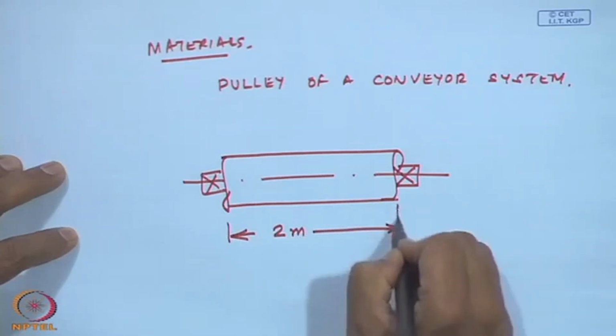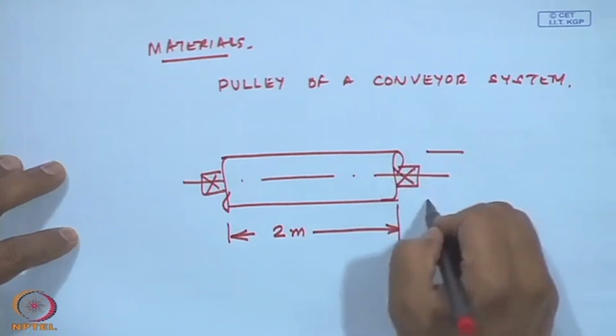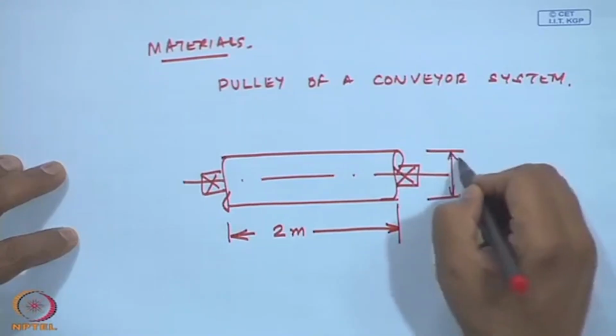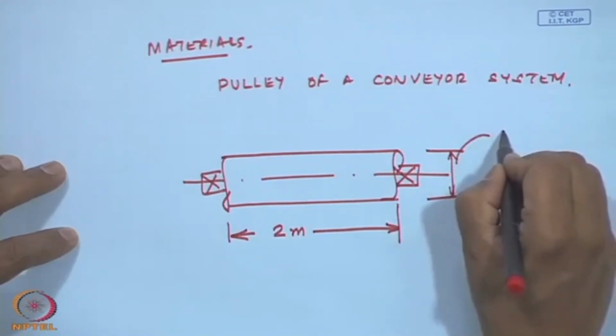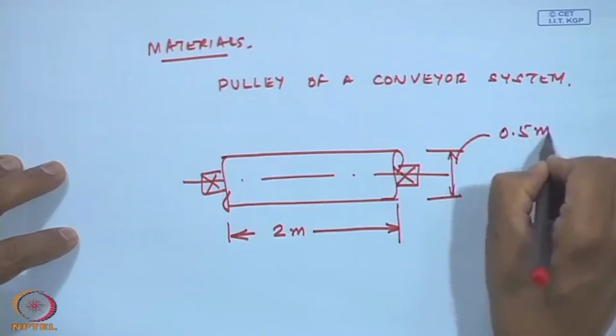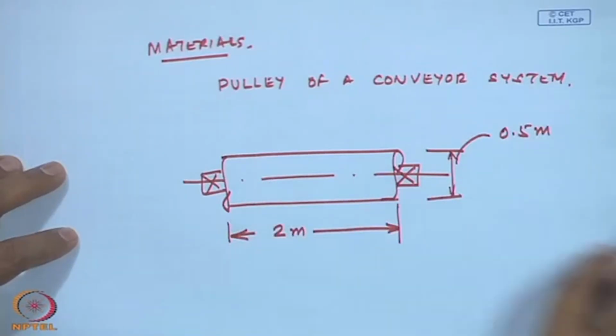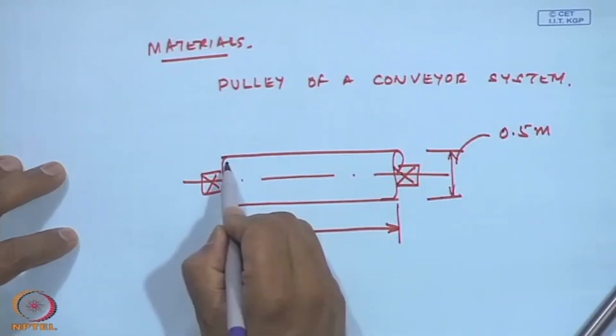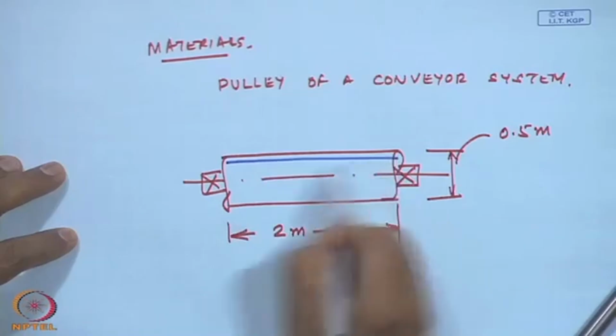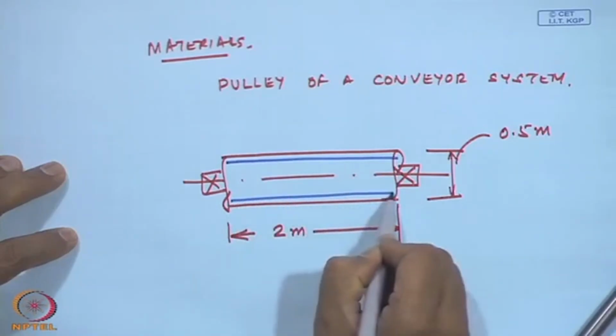Just to give a feel of the dimensions, and this diameter could be about 0.5 meter.